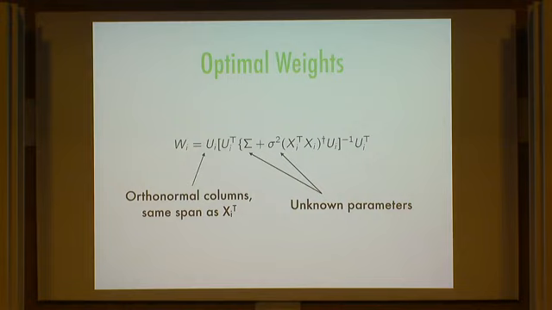So what we're going to do instead is take some initial guess for sigma and sigma squared, run the moment matching procedure once to get an initial estimate of sigma hat and sigma squared hat, and then plug those in again and run the whole procedure over again. So this is a two-step procedure. In principle, you could iterate this, but it turns out to be sufficient to just do 2 steps.